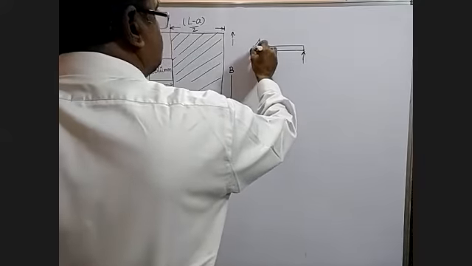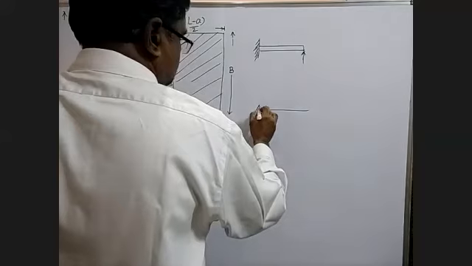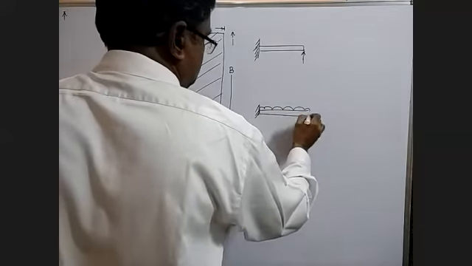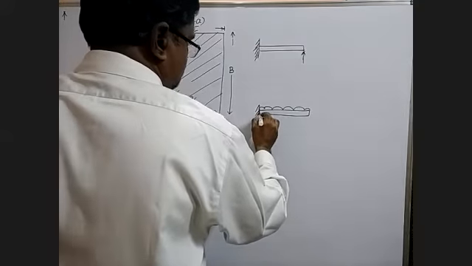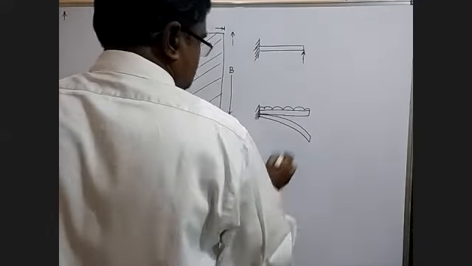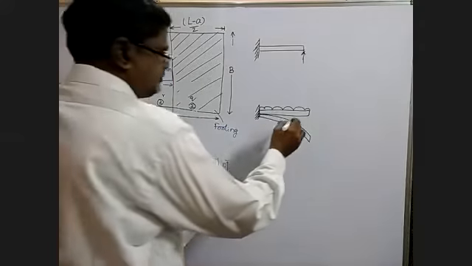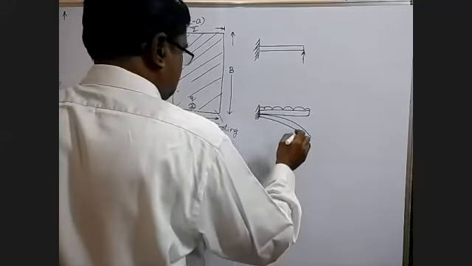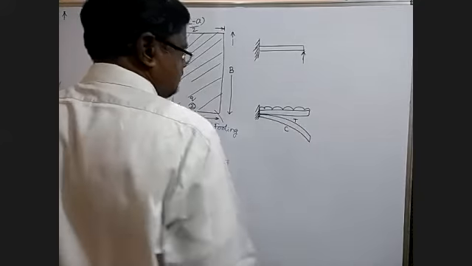Let us say this is a cantilever beam. Normally what do we do? We apply the load like this. When applied, it bends like this. The deformation takes place like this, that is, you have tension at the top, compression at the bottom.